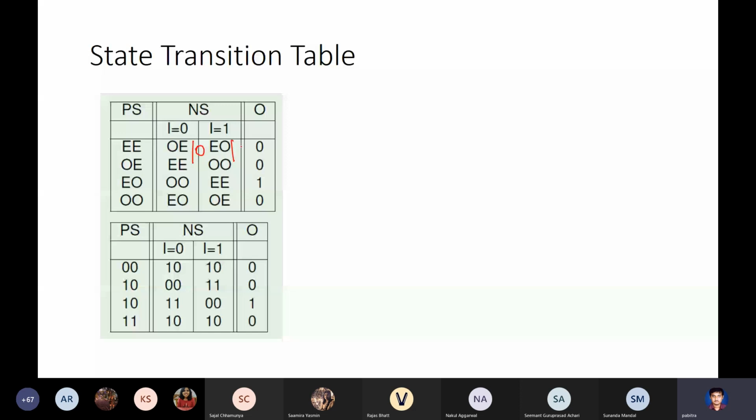This is 0 and this is 0. For both inputs, I have the same output. So all I need to do is just delete this, and this is my equivalent Mealy machine's transition table. Pretty simple.